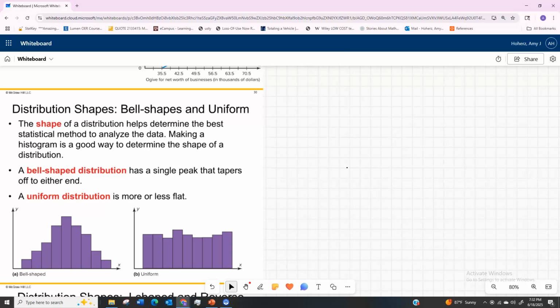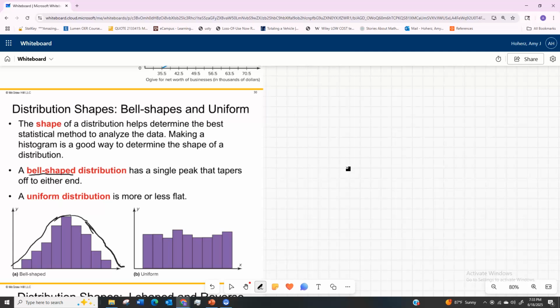So you probably have heard of a normal curve or a bell-shaped curve. A normal curve, or close to normal curve, is also called a bell-shaped distribution. And that is when we have this kind of pattern where the graph goes up, it peaks, and then it comes back down.